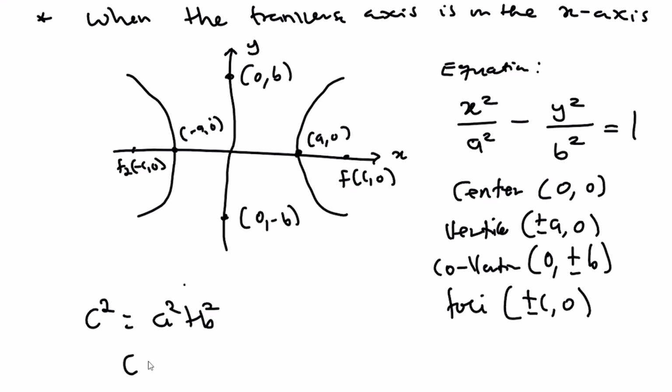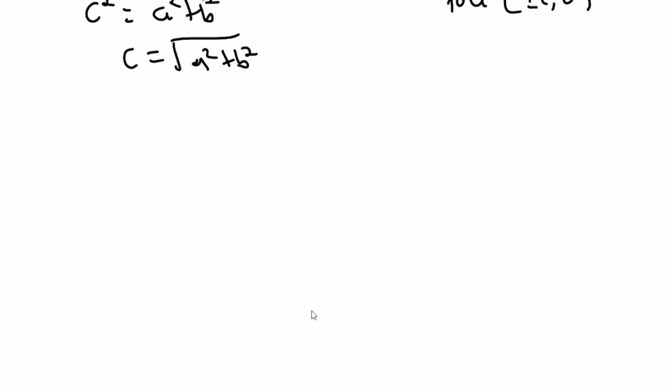So it means that C will be equal to the root of A squared plus B squared. Alright, so that is that, when the transverse axis is on the x-axis.